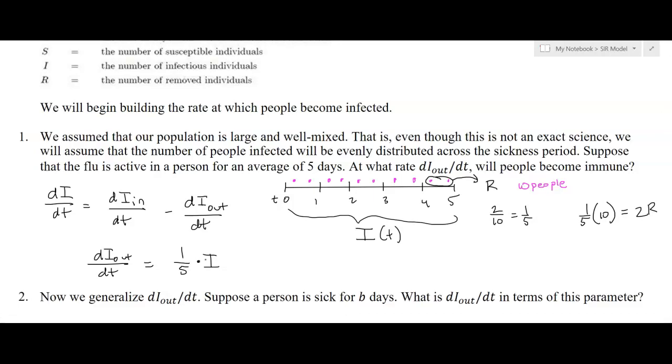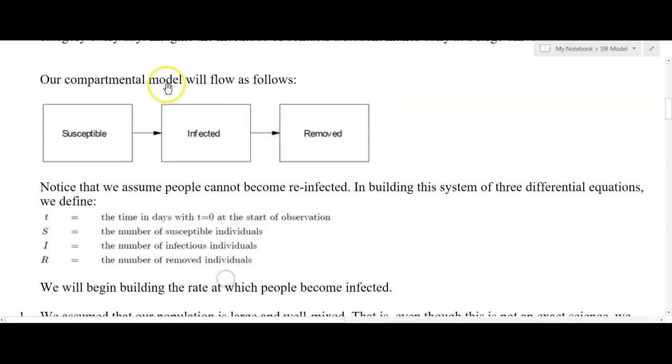Now, if everybody suddenly got sick, clearly this wouldn't make sense for a few days until the infection caused people to distribute across those 5 days of the sickness period, but this is a good enough assumption for now. So there's our final answer for what dI out/dt will look like. Great. So we know in our picture up here that this is going to be 1/5 of I.